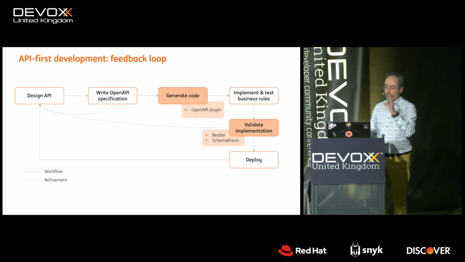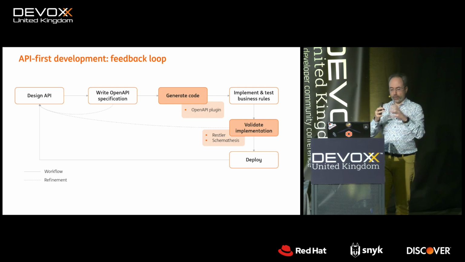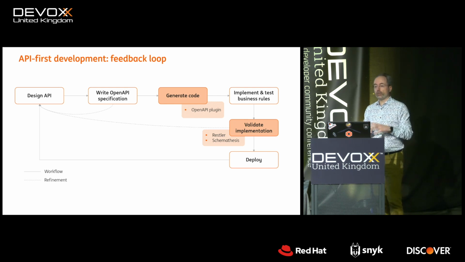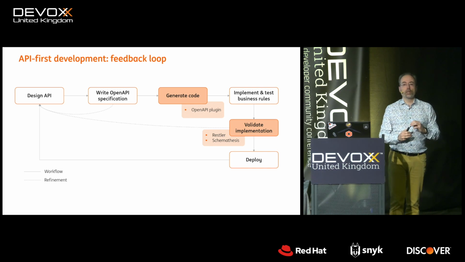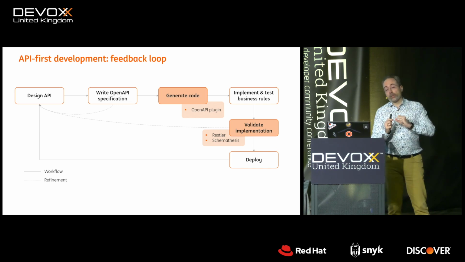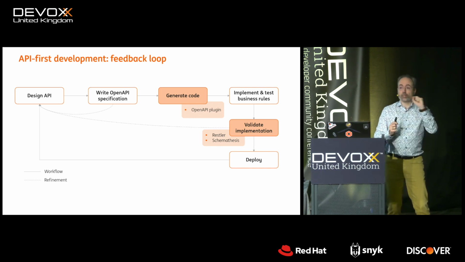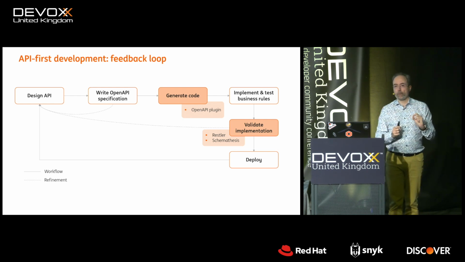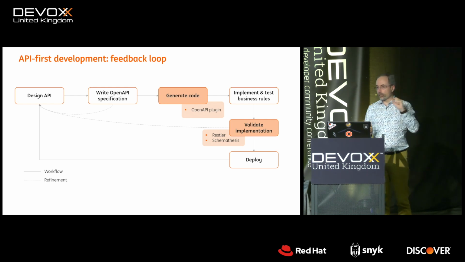Then you get busy with implementing things, the actual business, the actual value. By the time you are done, you can validate the implementation by using tools such as Restler or Schemathesis to ensure that your implementation respects the letter of the specification. And these are not functional tests, by the way.